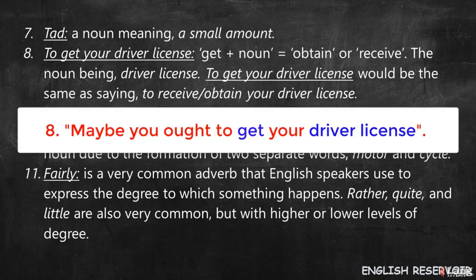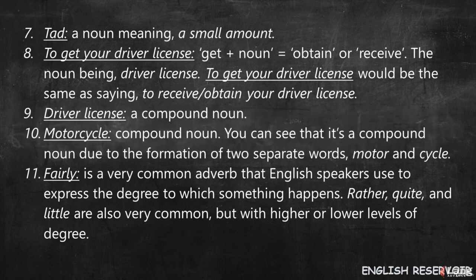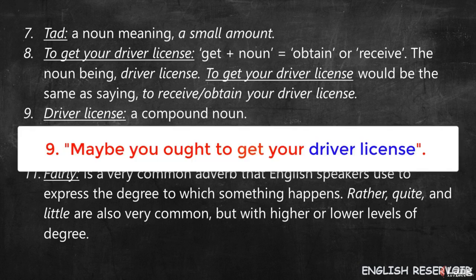To get your driver license. Get plus noun equals obtain or receive. The noun being driver license. To get your driver license would be the same as saying to receive or obtain your driver license. 9. Driver license, a compound noun.